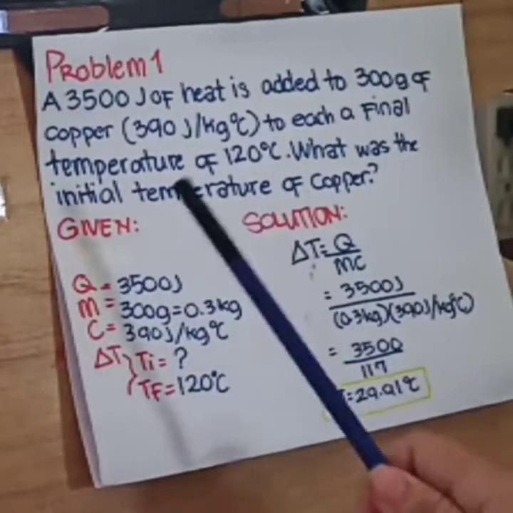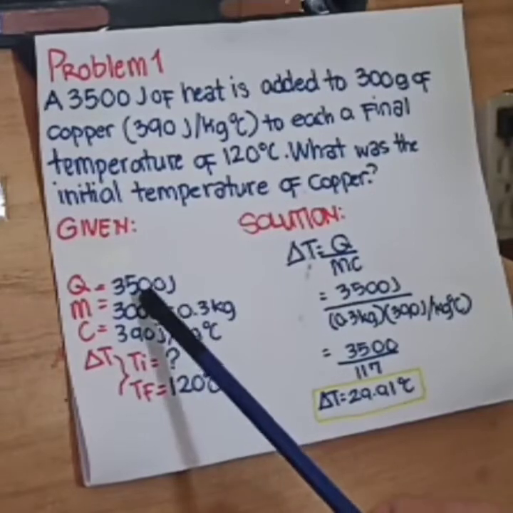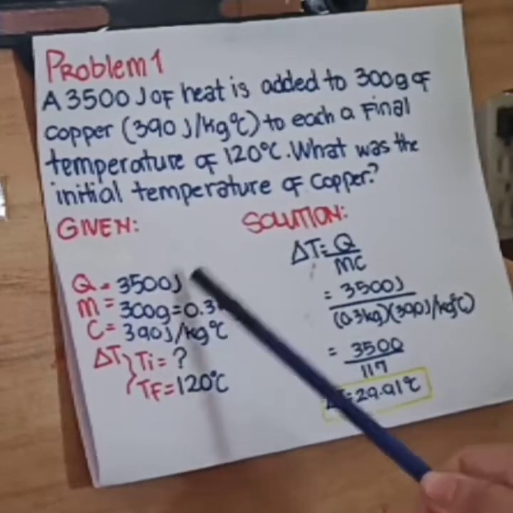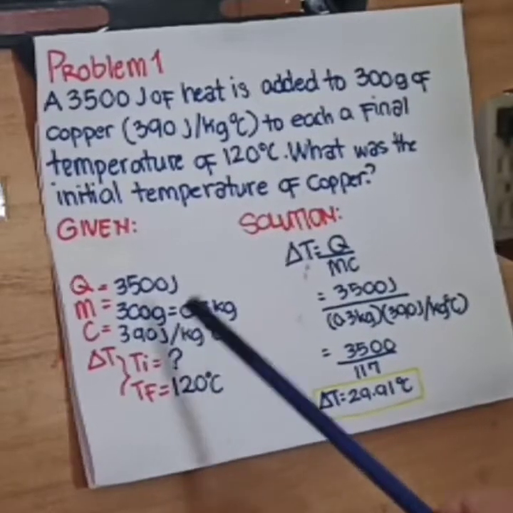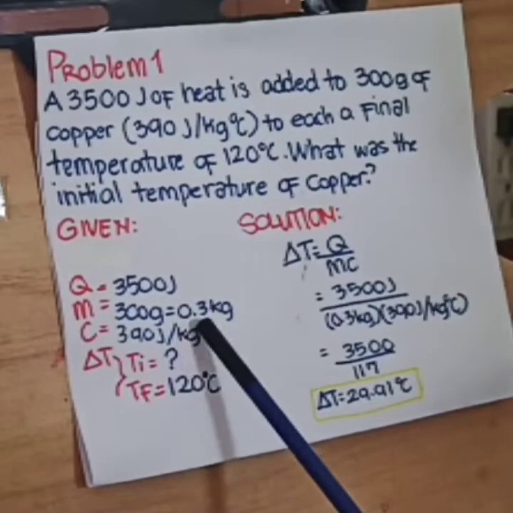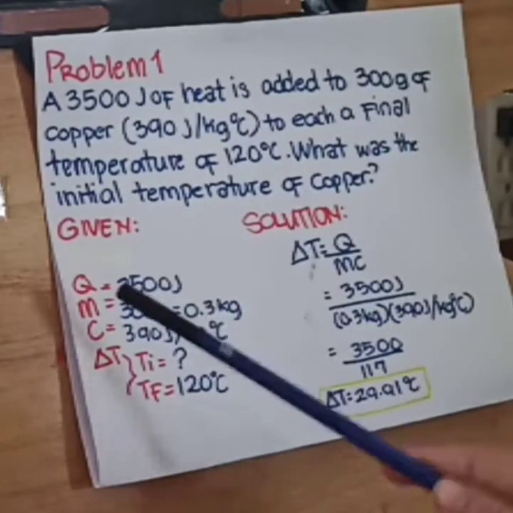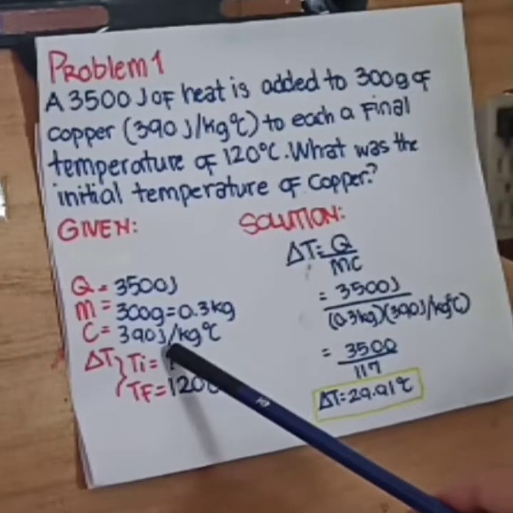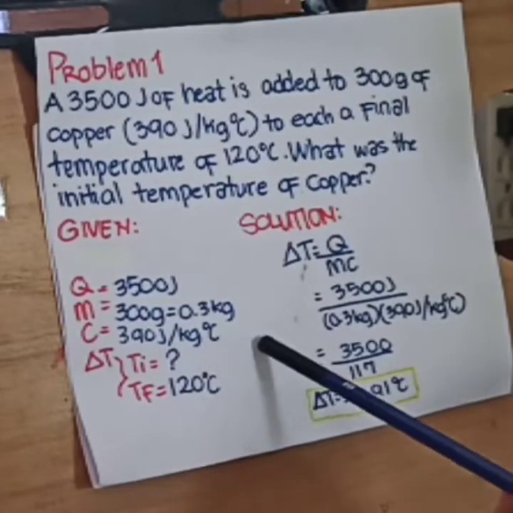So first, we're going to write the given. What is the heat evolved? We have 3,500 joules and the mass is 300 grams. We have converted it and it is 0.3 kilograms. The specific heat is 390 joules per kilogram degrees Celsius.